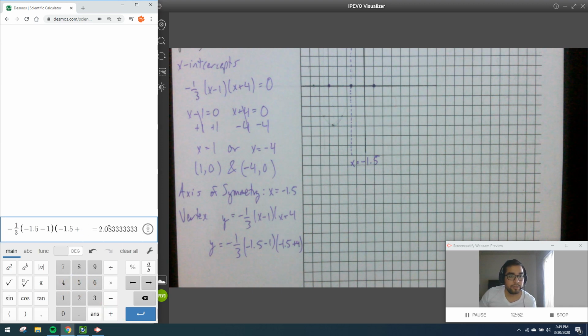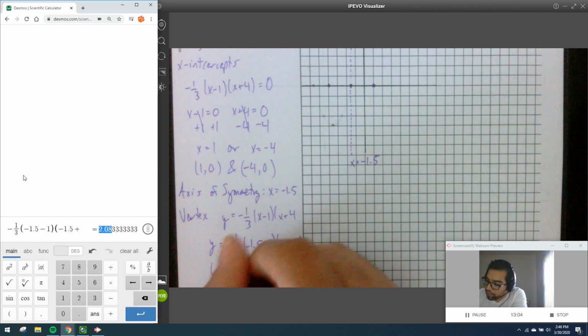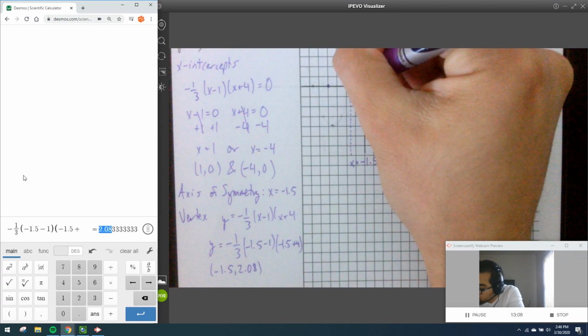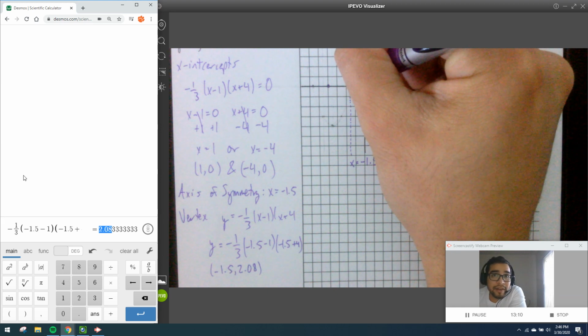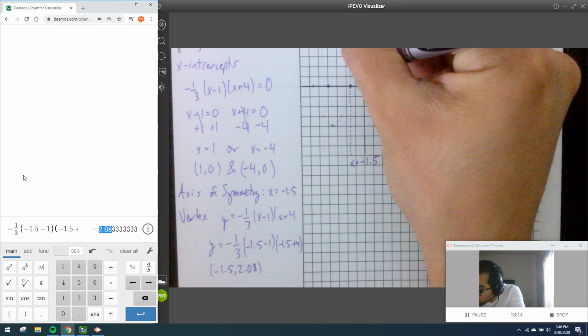Okay, and then what we get is 2.083333. I'm going to go ahead and round to 2.08. So my vertex is -1.5, 2.08. Now for you, you just have to estimate where that value is. Okay, so 2.08, we'll say it's like around right here.